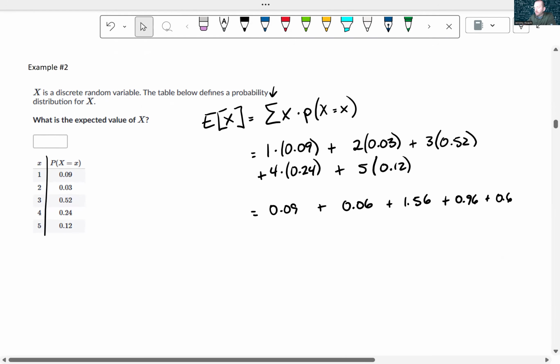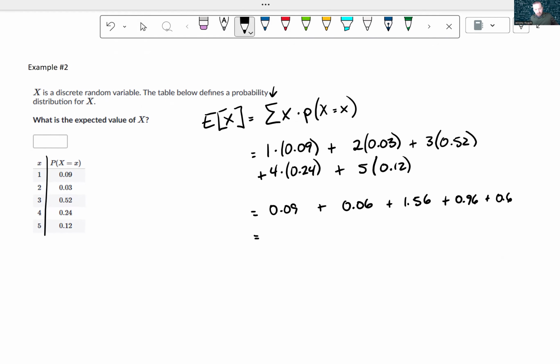Now, if we add all these together, we should get a number that we don't actually get on the die, and that's okay. I'm just adding these together, making sure. Got 3.27.